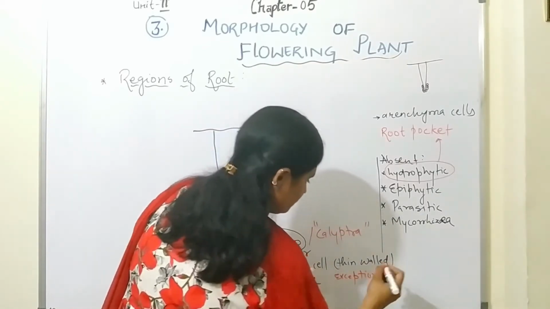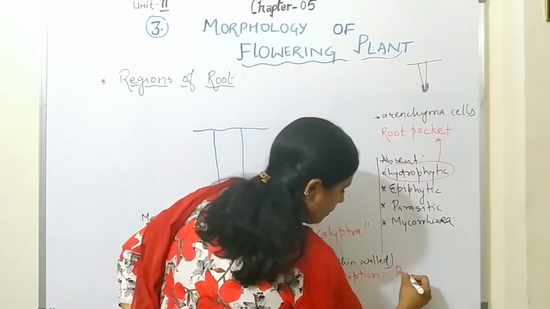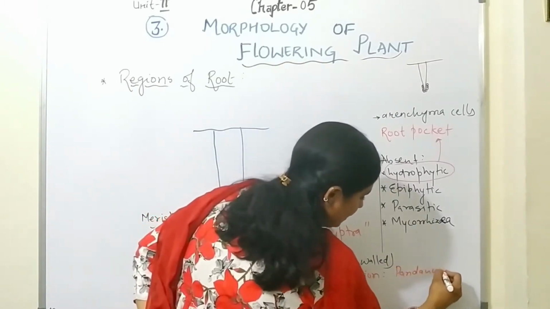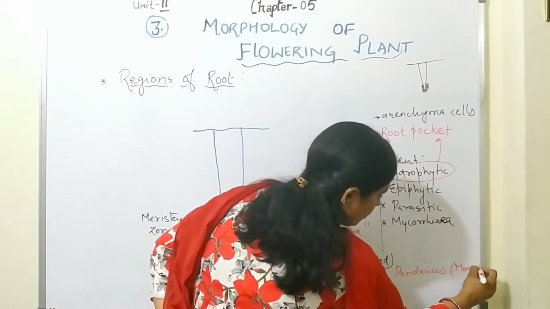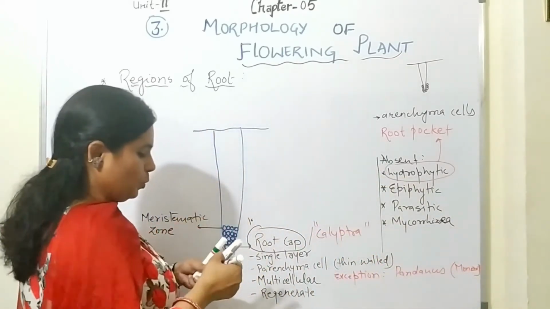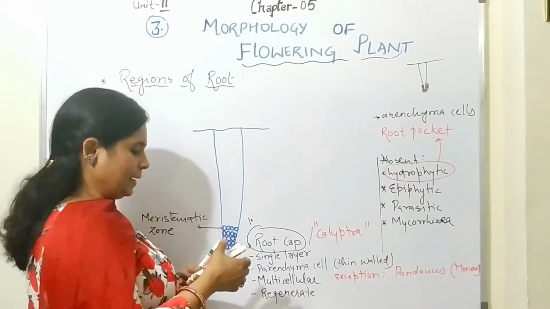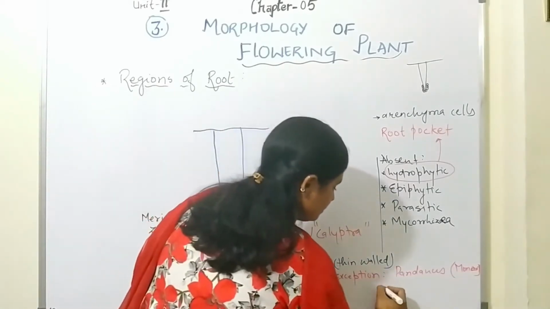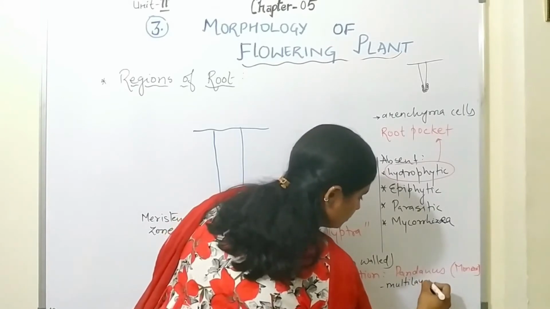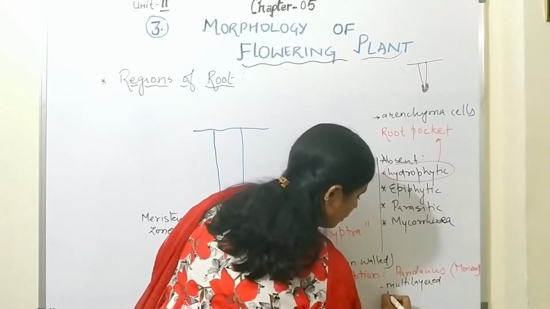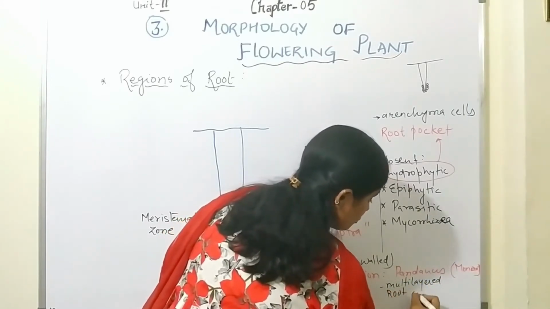Exception in Pandanus plant, it is a monocot plant. In this plant, you will see a multi-layered root cap. Just remember this.